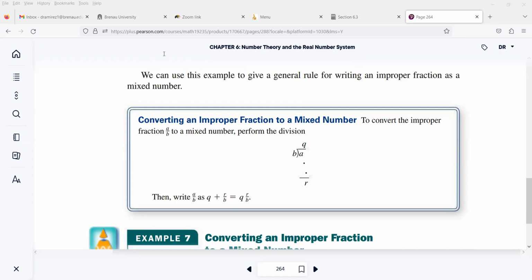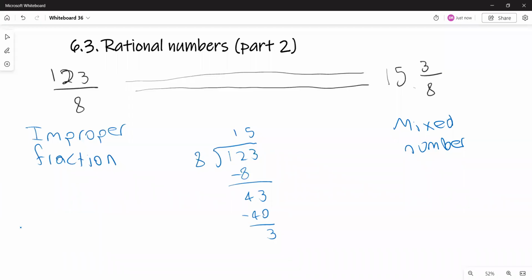So in the next example, we're going to convert the following improper fractions to mixed numbers.